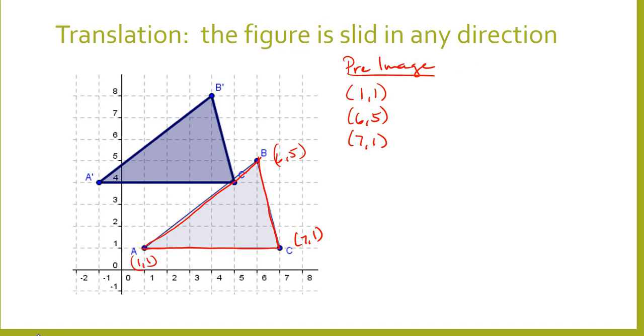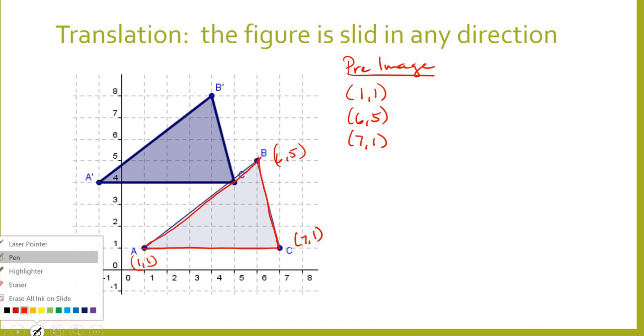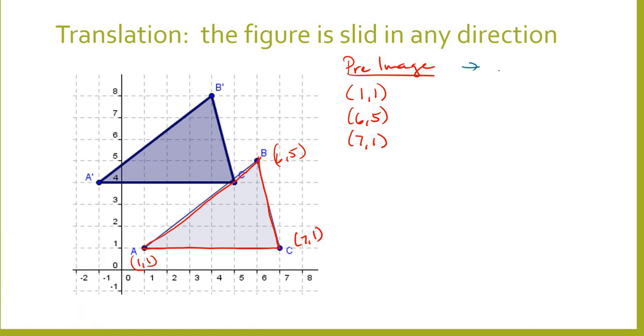That's going to change to our image, which in this case is negative 1, 4, 4, 8, and 5, 4.